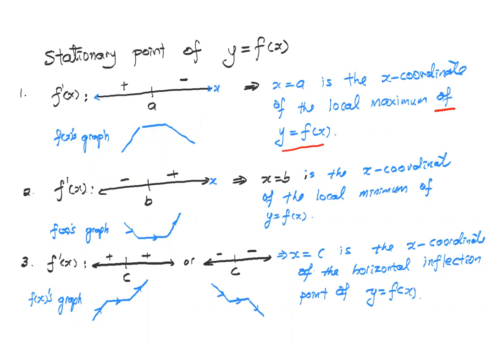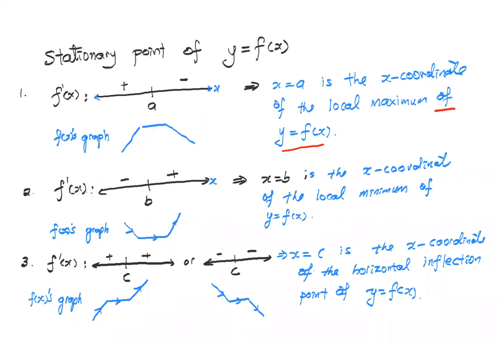Clear? There are three types of stationary point for y equal to fx. Or the nature of the stationary point of y equal to fx, you can judge using the sign diagram of f prime x. Clear?